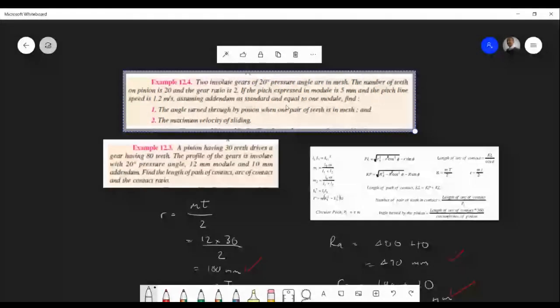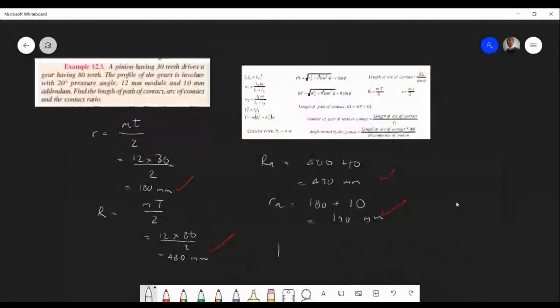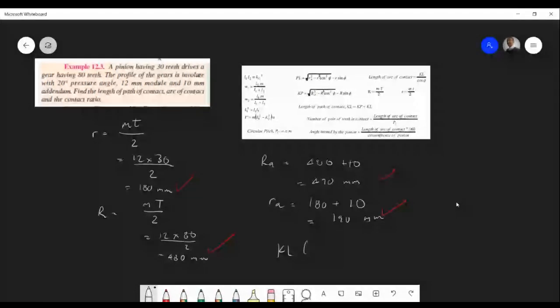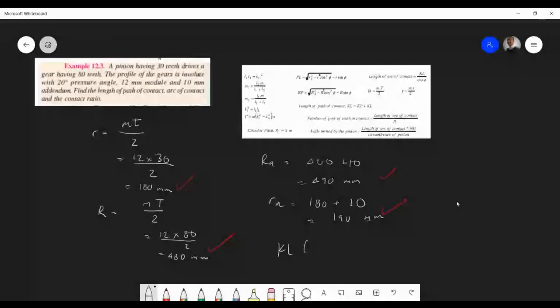So guys, as per normal, we want to work out KL, which is our path, and KL will be equal to KP, which is a path of approach, plus KL, which is a path of recess, right?